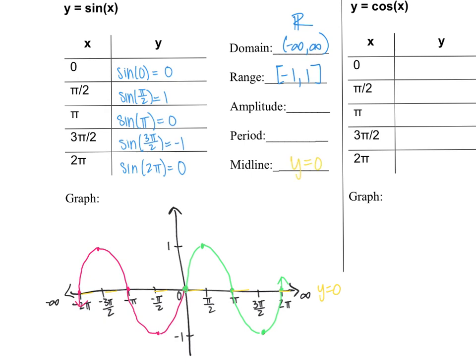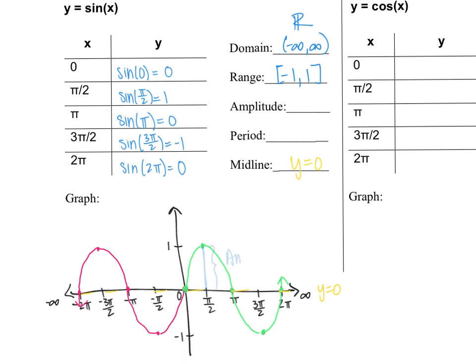As for the amplitude, that tells you how far up or how far away you are from the midline to the highest point, top and bottom. And they should be the same length if you're talking about a sine curve. If you look at the length from the highest point, this peak right here, to the midline, that is about 1 unit.